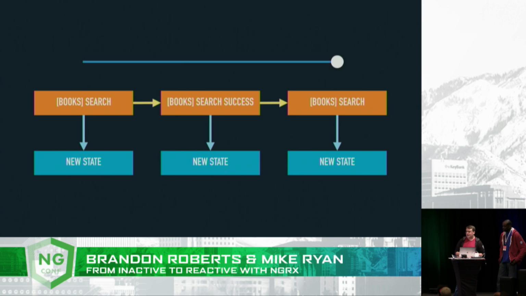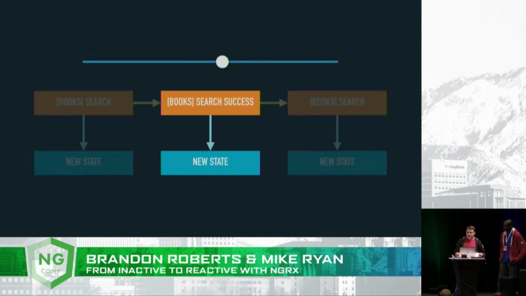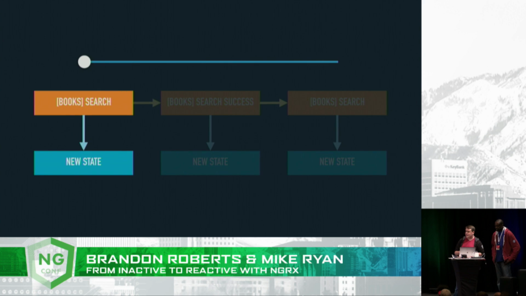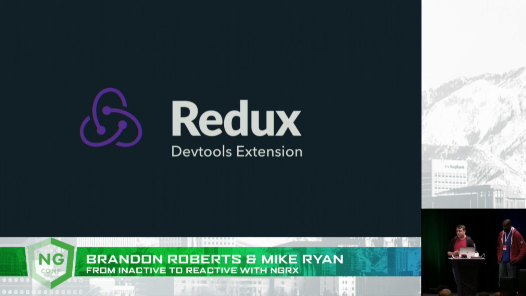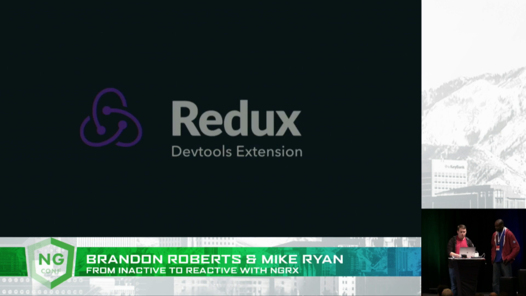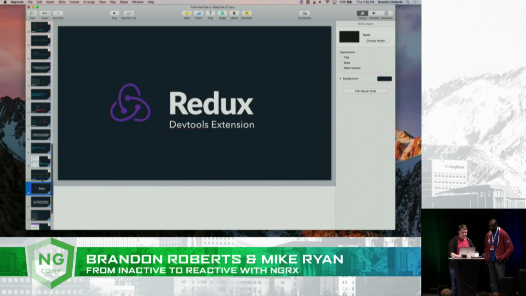So it gives us a time travel debugger where we can go back in time to an individual state, inspect what changed, and see what action caused that change. It integrates with the Redux Dev Tools extension. This is a browser extension for Firefox and Chrome. You can go to their respective extension stores to download the extension. Let's see how difficult it is to wire this up into our application.